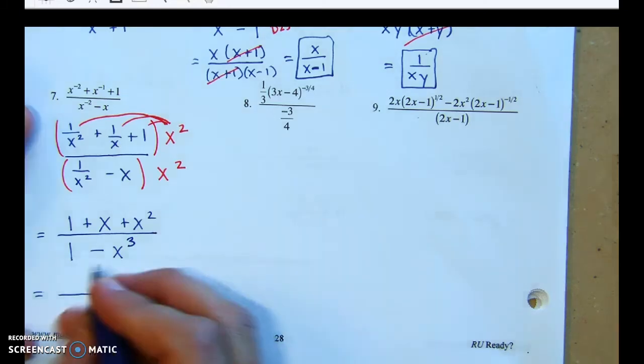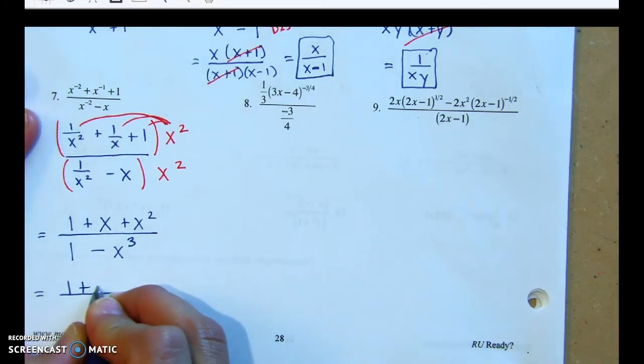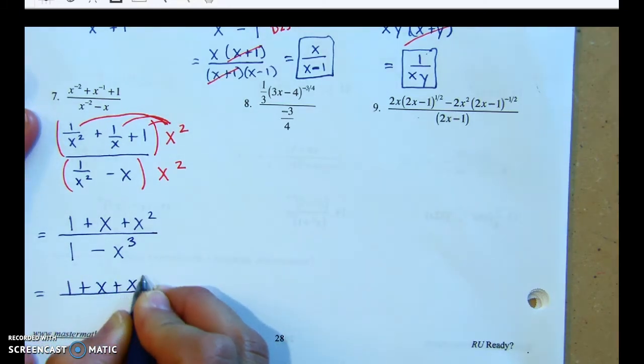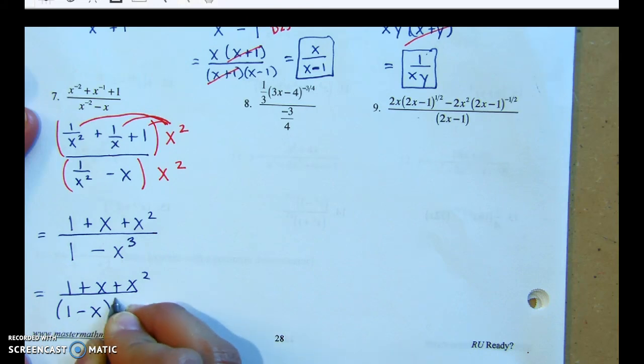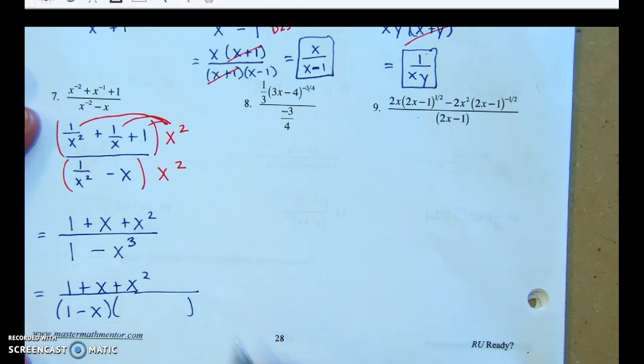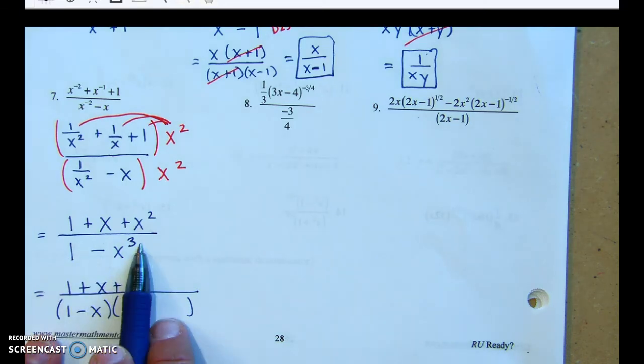I don't think so. Won't it have a 2? Oh, it will. Guess when the last time I factored a difference of 2 cubes was? I don't remember. Okay, did you guys factor it in pre-calc or whatever? Do you remember how to factor a difference of 2 cubes? 1 minus x cubed, I'm going to run out of time, but we have 1 minus x goes in the front.